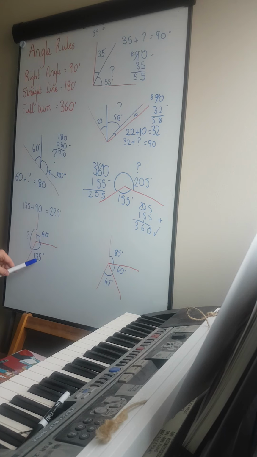Now I know that this and this equals 225, I need to do our 360, which is our full turn, take away 225. 0 take away 5 we cannot do, but 10 take away 5 is 5, 5 take away 2 is 3, 3 take away 1 is 2. So this one will be 135 degrees. Perfect.